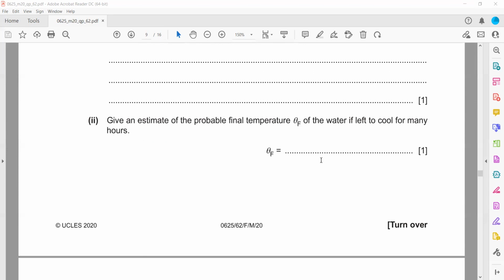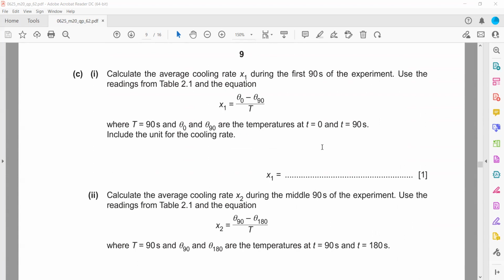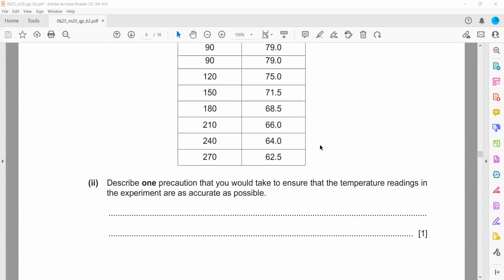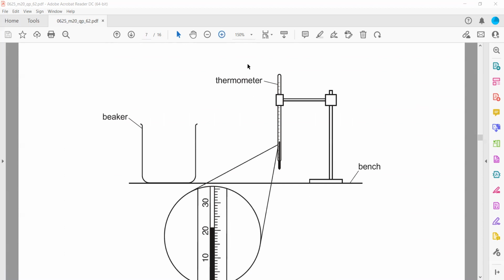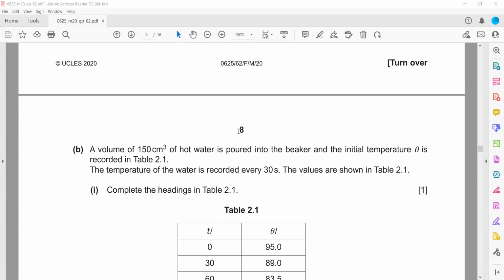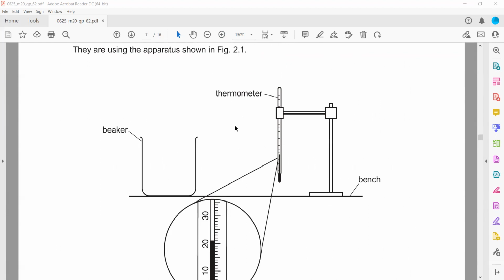Give an estimate of the probable final temperature of the water if left to cool for many hours. So what will be the temperature of the water after, for example, 5 hours or 10 hours? First we had hot water here at a temperature of 95.